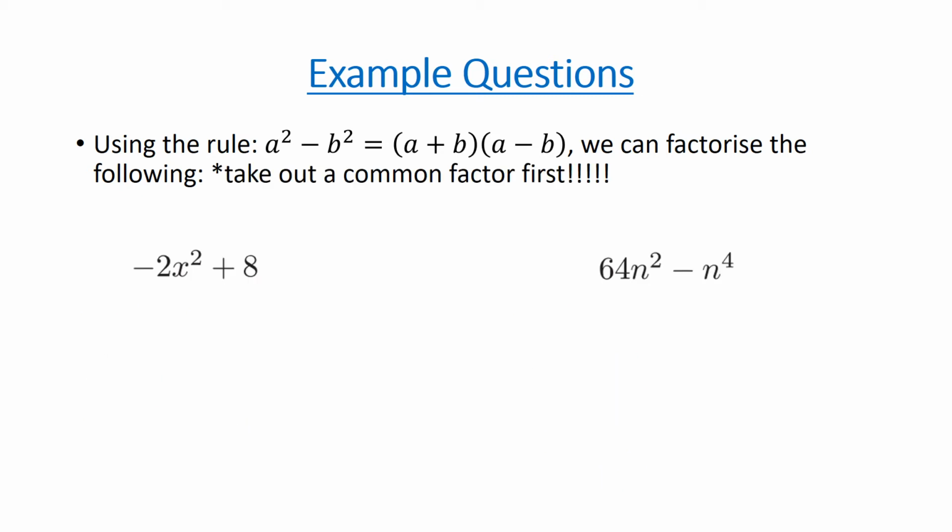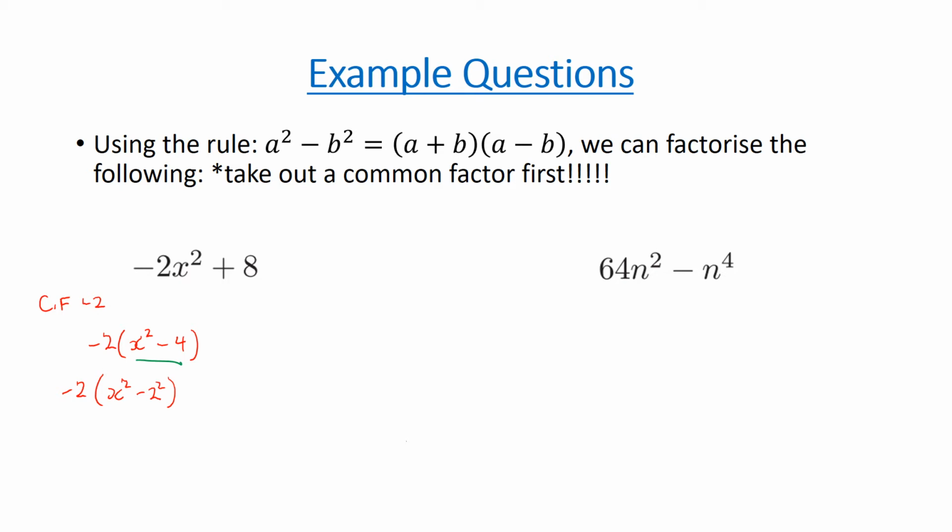Sometimes with your example questions you might have to take out a common factor first. So in our first example here we might take out the common factor of minus 2. That way we've got minus 2 outside of x squared take 4. Alright, now you can see that the x squared take 4 is actually the difference of two squares, because 4 becomes 2 squared, so it becomes x squared take 2 squared.